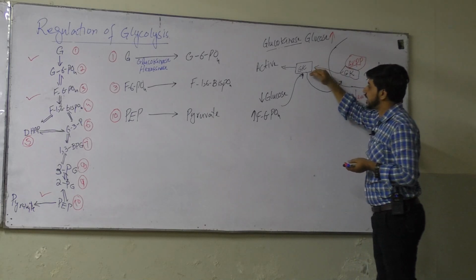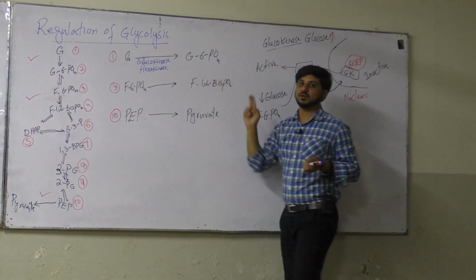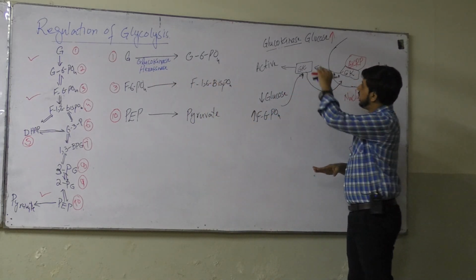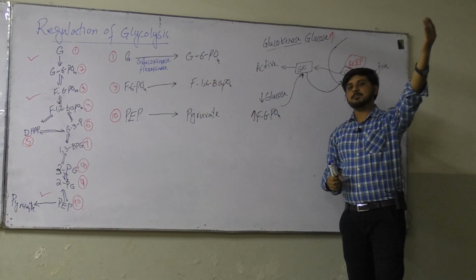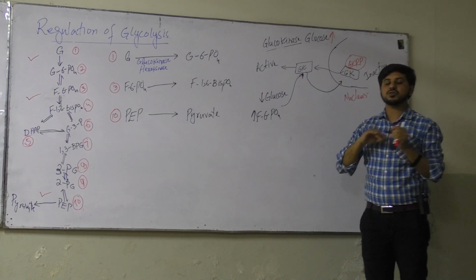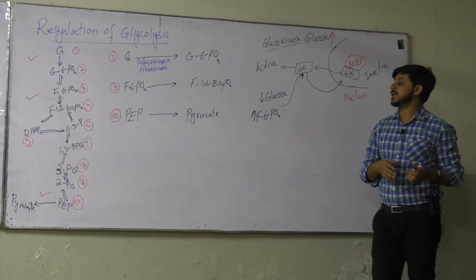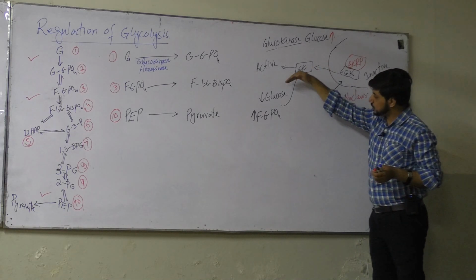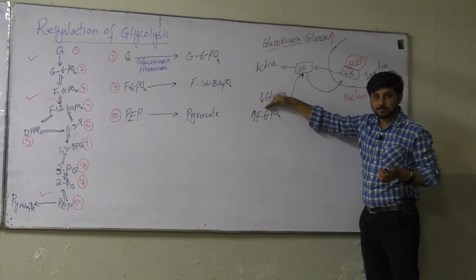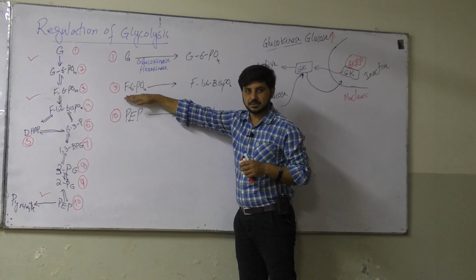When it comes into the cytosol, it will simply phosphorylate the glucose into glucose 6-phosphate. And when the glucose levels are back to the normal state, not so high or so increased, at that time a decreased level of glucose or an increased level of fructose 6-phosphate occurs.